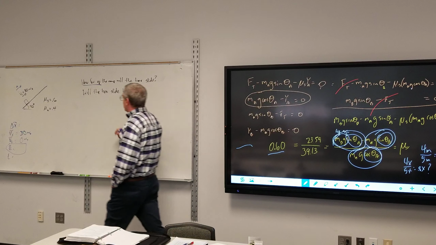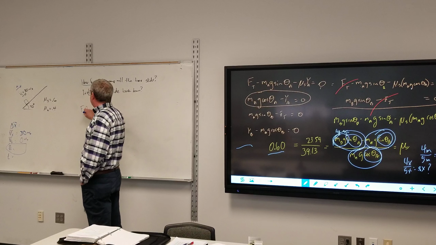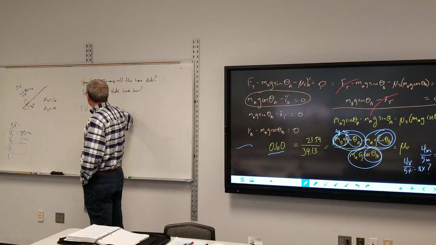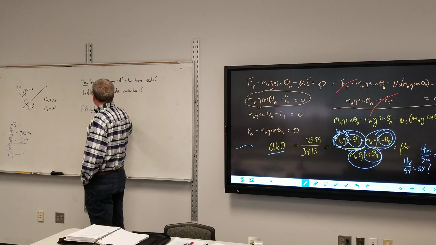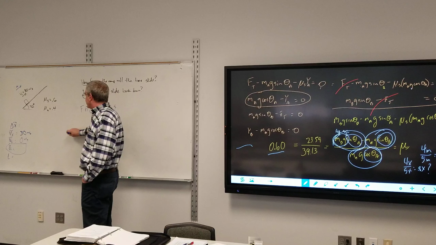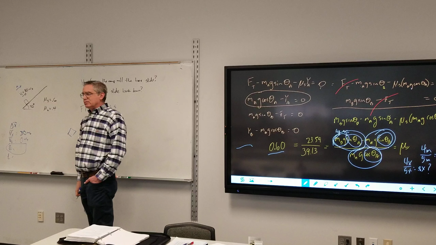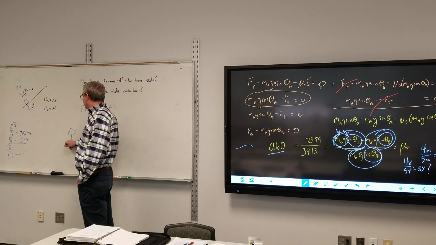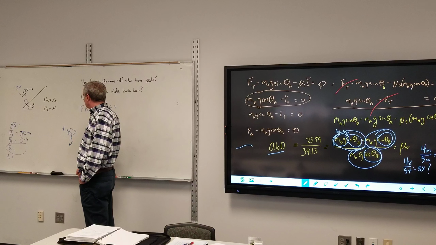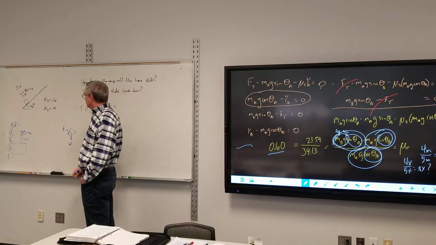So now we're going to go through our process. Force diagram of box on ramp. We've done it many times. And there's friction.